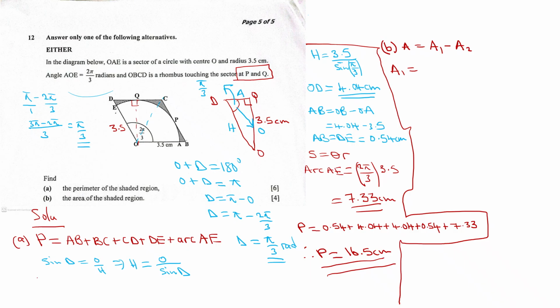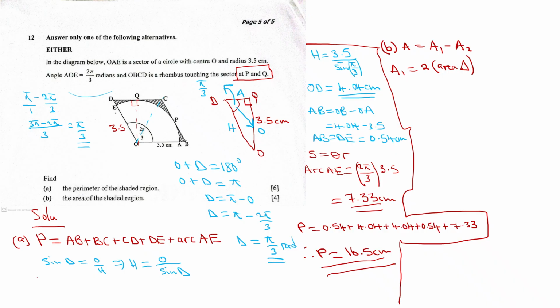So if we calculate one of the triangles, it means we have calculated the other triangle. So we just multiply by 2. The area of one triangle times 2 gives us the area of the whole rhombus. So the area of the whole rhombus will be equal to 2 times the area of the triangle, because we have 2 triangles.